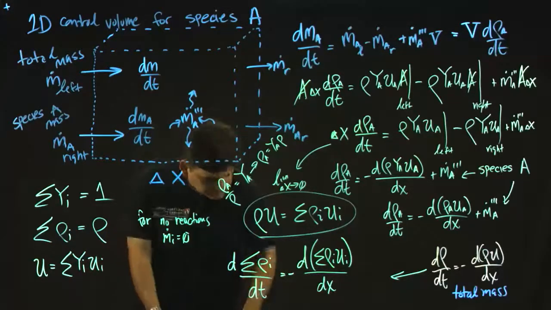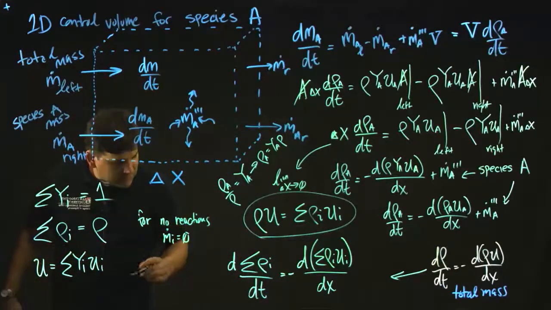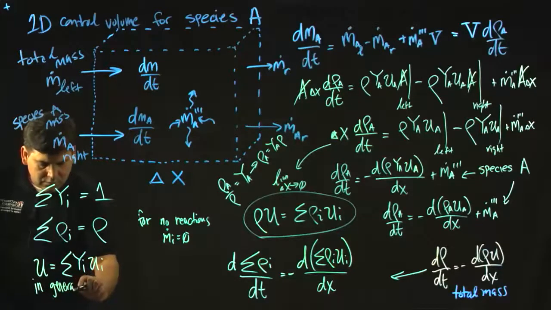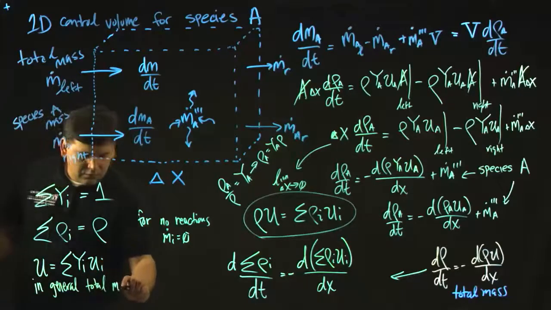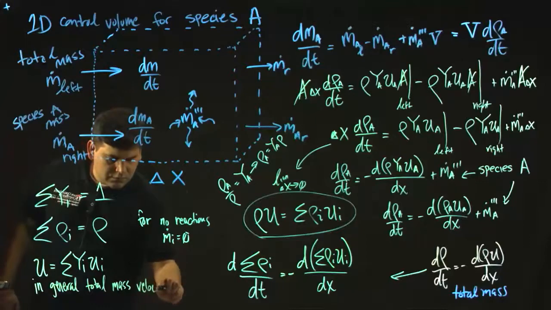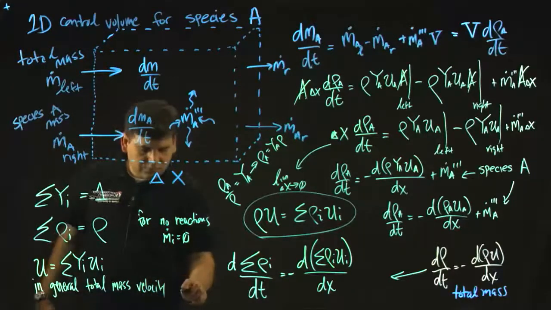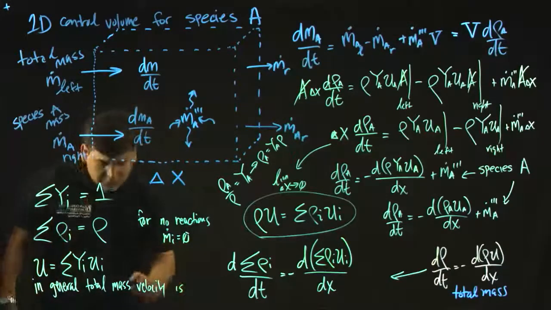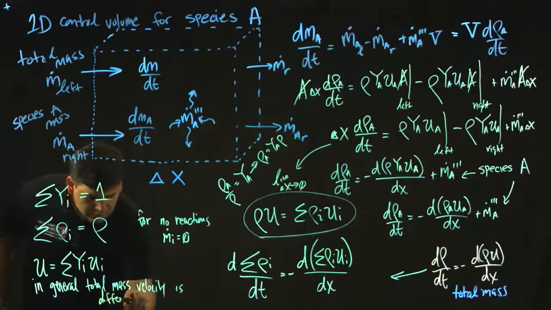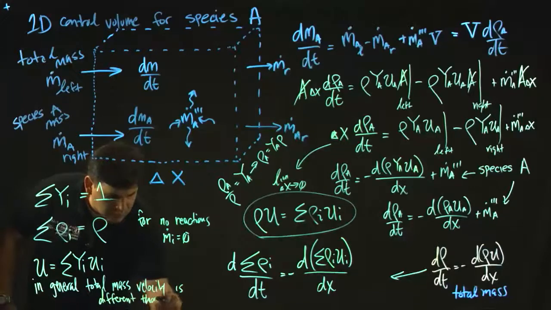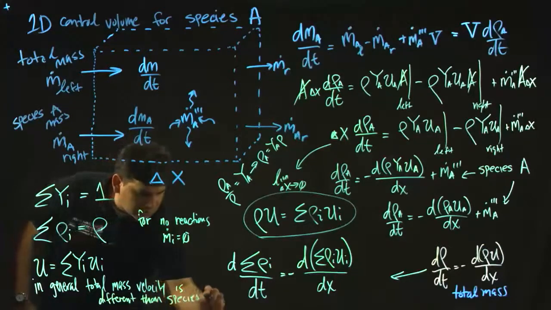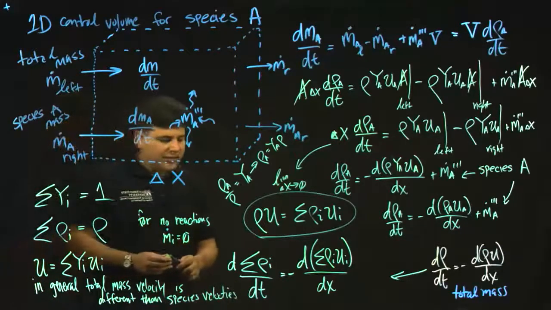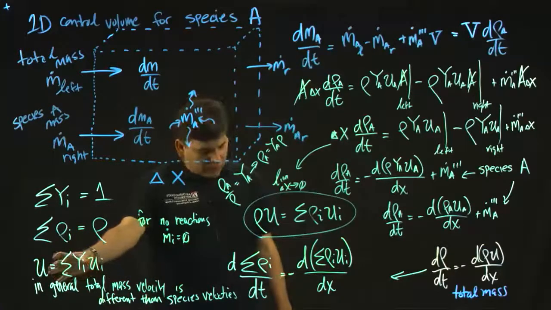So in general, they're all different, and they all have a weighted average that contributes to them. So by the conservation of mass, this has to hold.